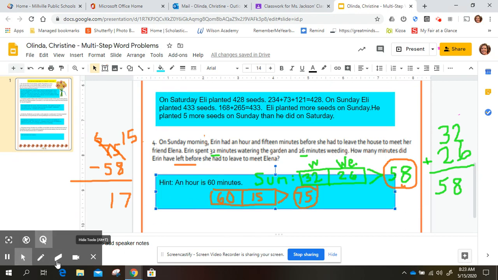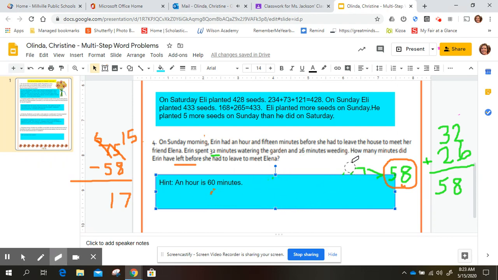And so I can type in here, let's erase. All right, and I'll just type under there. Erin spent 58 minutes in her garden, and that would be 32 plus 26 equals 58.